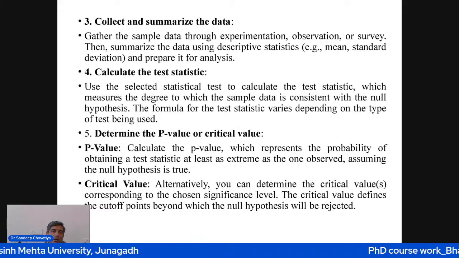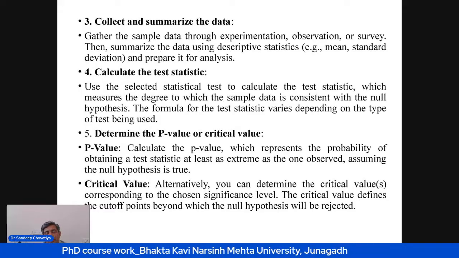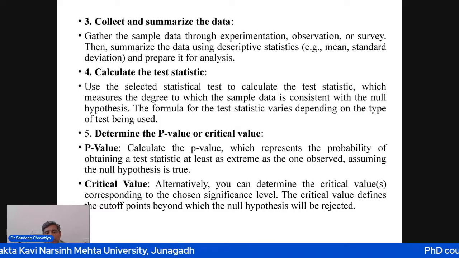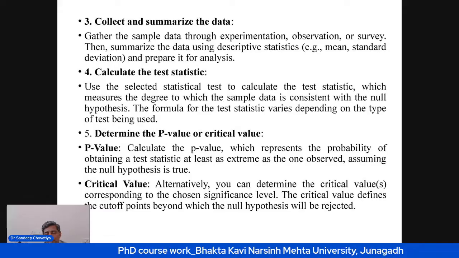In this step there is also the critical value, which is an alternative. You can determine the critical value corresponding to the chosen significance level. The critical value defines the cutoff point beyond which the null hypothesis will be rejected.